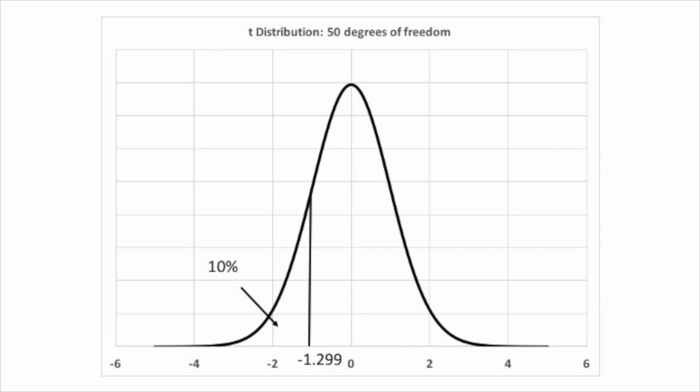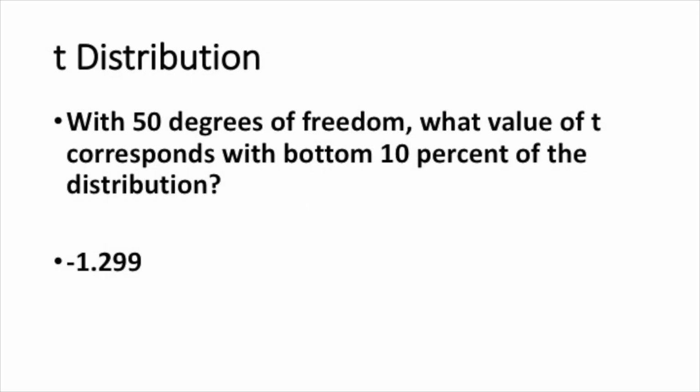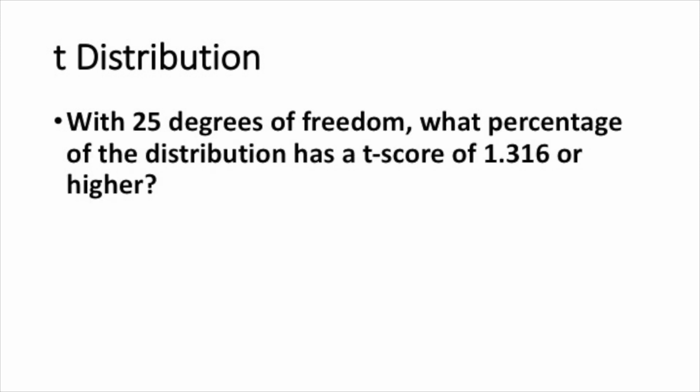So it's minus 1.299. So to answer the question of what value of t corresponds with the bottom 10% of the distribution with 50 degrees of freedom, it's minus 1.299.